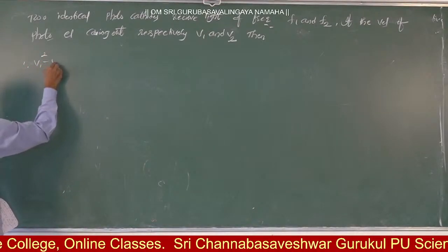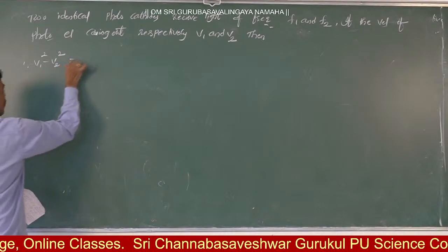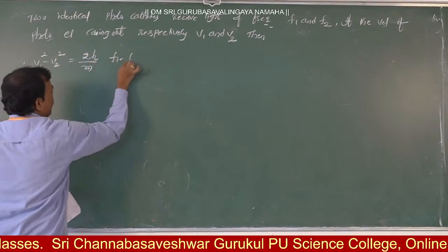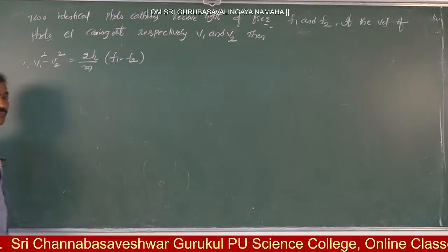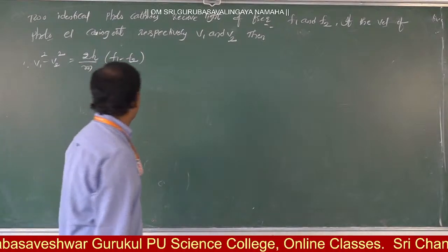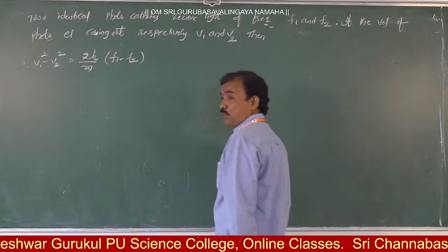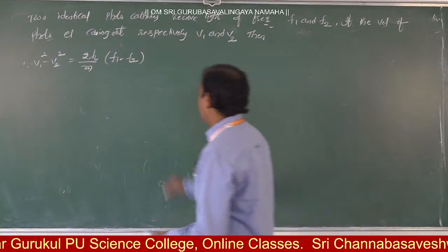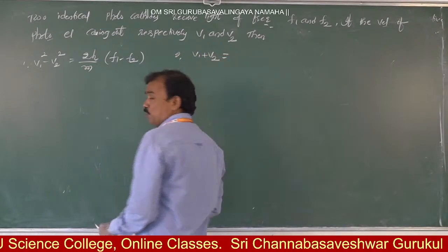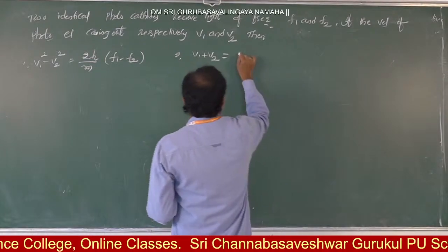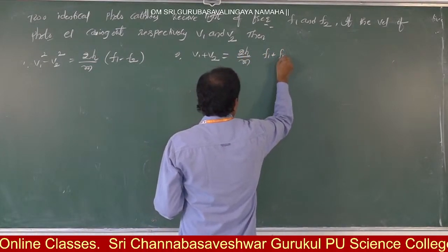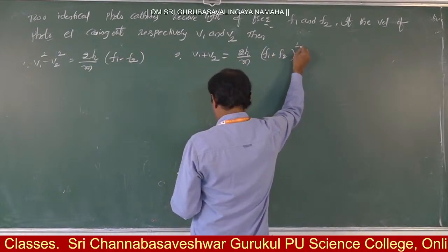First option: V1 square minus V2 square is equal to 2h by m into (F1 minus F2). Second: V1 plus V2 is equal to 2h by m into (F1 plus F2) whole to the power of 1 by 2.